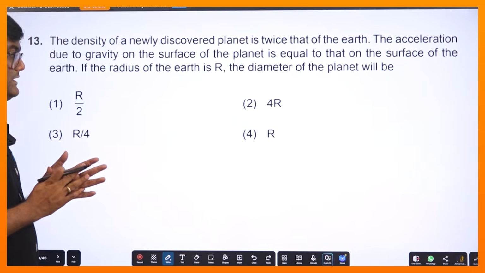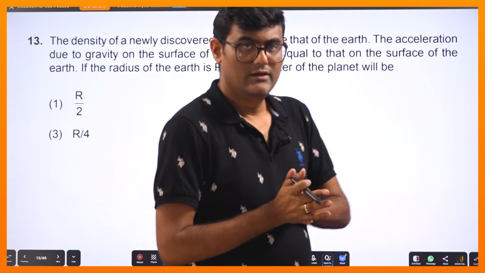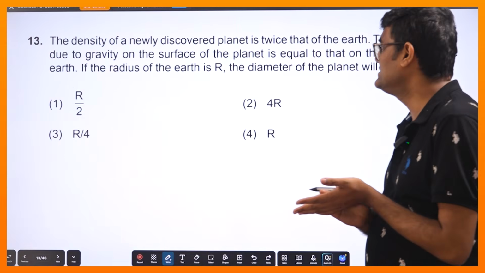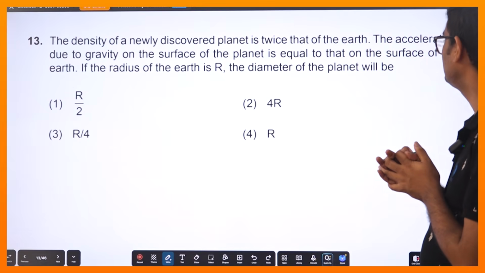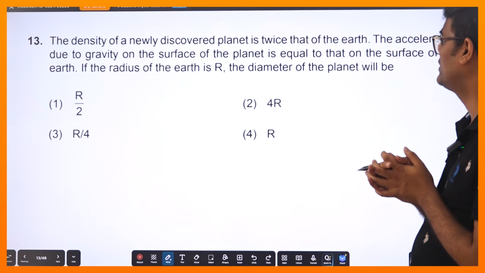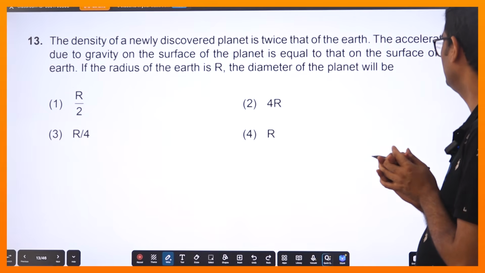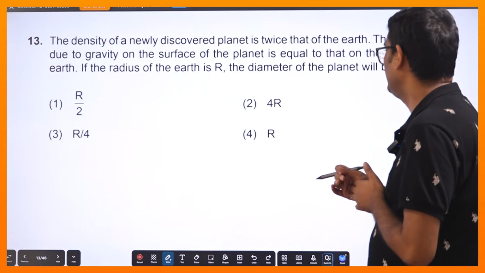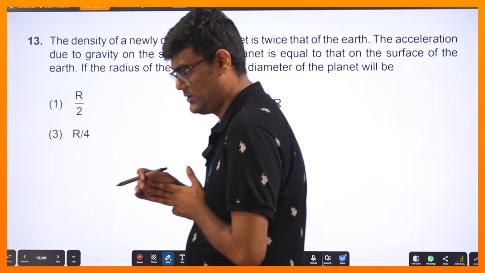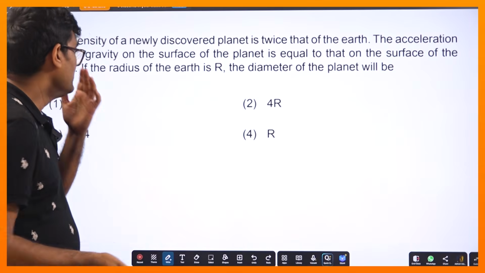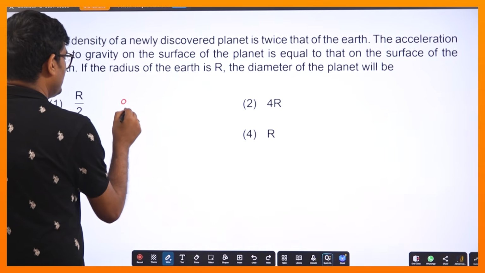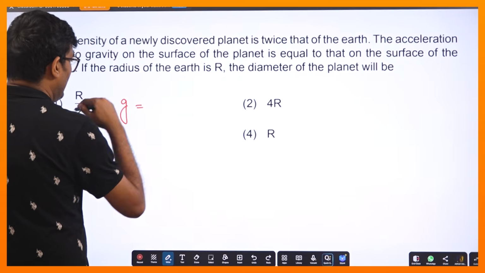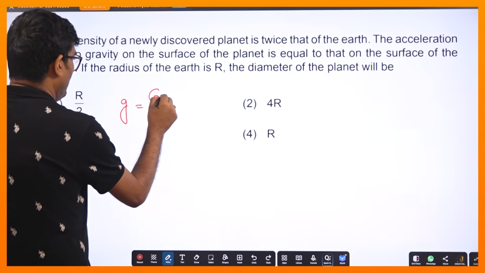Okay everyone, let's move to the next question. The density of a planet is twice that of the Earth. The acceleration due to gravity is equal to that on the surface of the Earth. If the radius of the Earth is r, the diameter of the planet will be? We know that gravitation on the Earth's surface equals GM by r square.